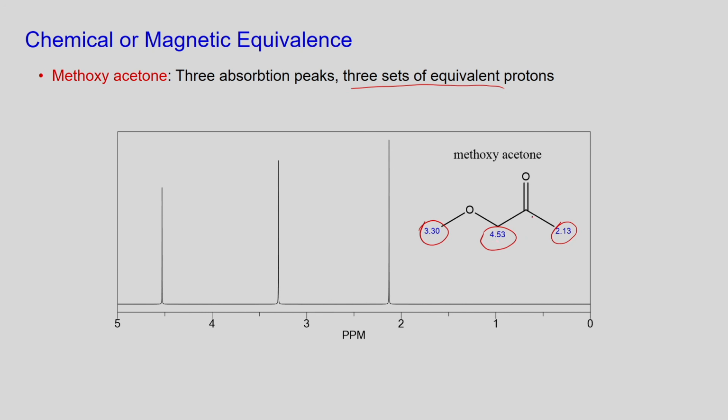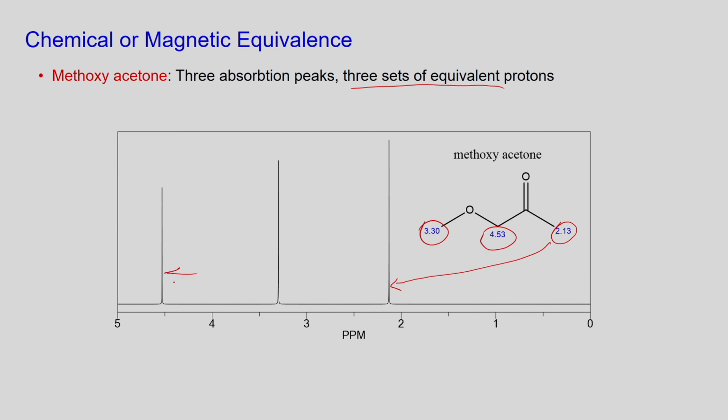Because 2.13 is not connected to any electronegative atom, it is showing a lesser chemical shift here. While in this case 4.53 is connected to the oxygen atom in the neighborhood as well as to the carbon atom, which is sharing the double bond with the oxygen atom. Because of the combined effect of these two, it shows a chemical shift at a higher frequency.